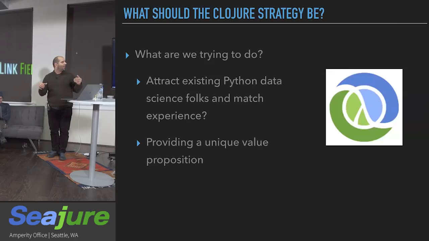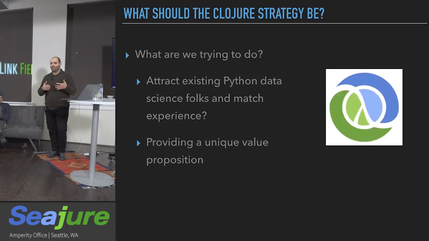And I think there's two basic strategies. One of them, and I think this is actually important, is you should attract existing Python data science folks and match their current experience. I think this is pretty important, because one of the ways Clojure gets users is people who use other languages and get fed up with them, right? I think that's a pretty common pattern.